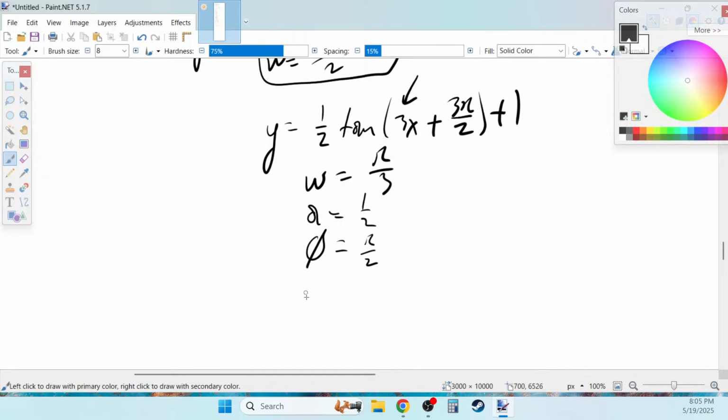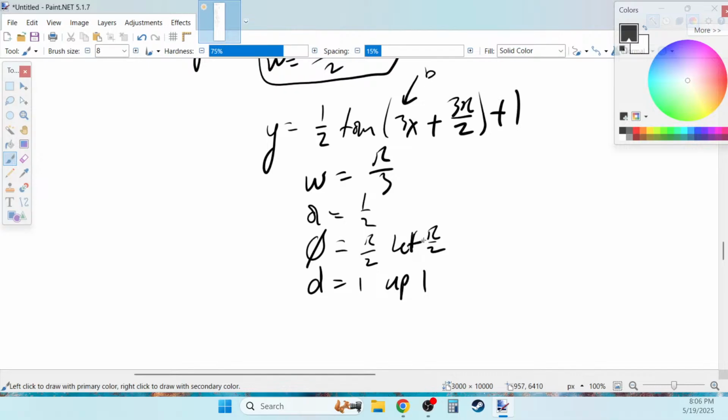And the offset, I don't know what a common symbol for offset is. I think I've just been using D. Like I've been using A for amplitude, B for this coefficient, and then phase shift is this symbol, but I've been using a C for the actual constant. B is going to be 1. So it's going to be up 1, left pi over 2.